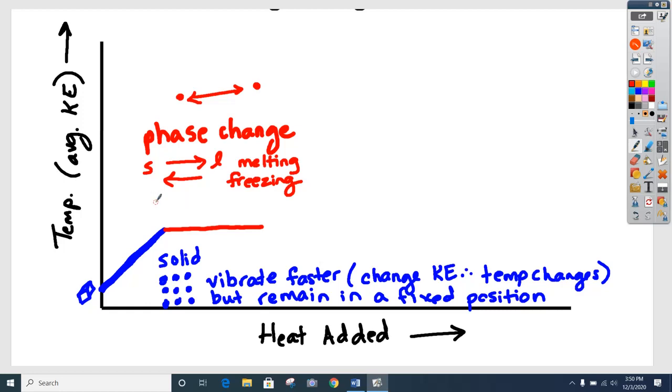So during this phase change, the energy that you're adding is not being used to make the molecules move faster. It's not being used to change the kinetic energy. Instead, it's being used to change the spacing. So down here, let's add to your notes, the spacing between molecules changes.